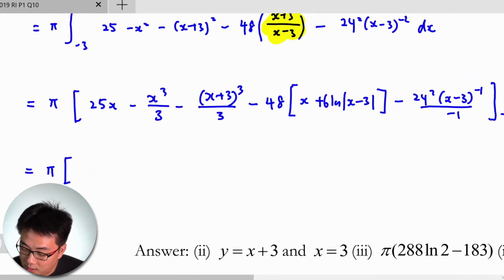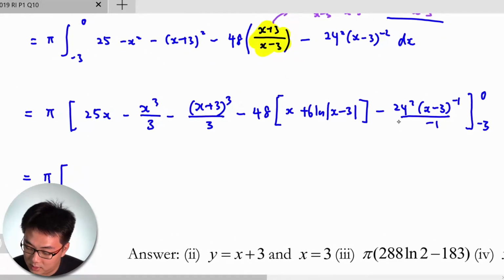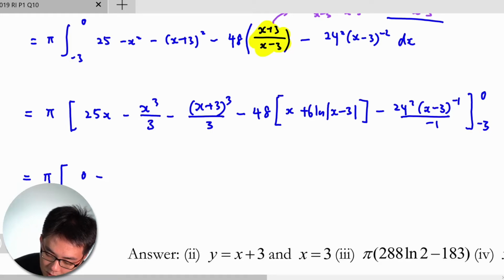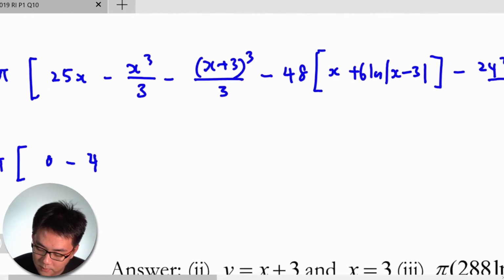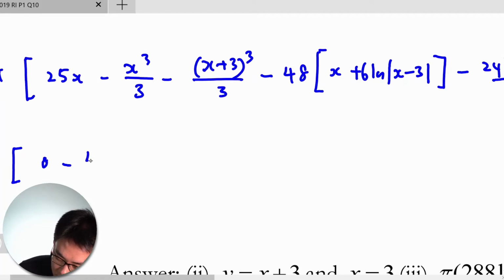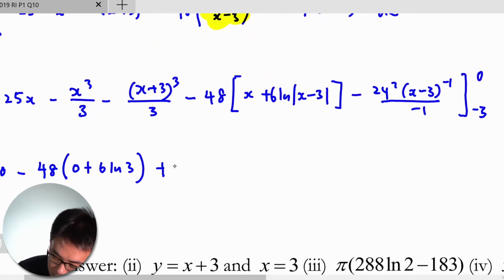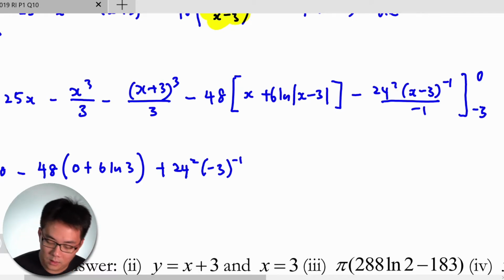So 0 minus 48, the whole thing here is 0, so 48, 0 plus 6 ln 3, plus 24 squared over minus 3 minus 1. This is 1.